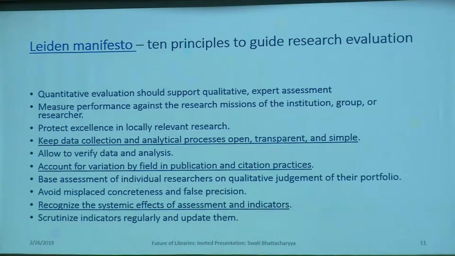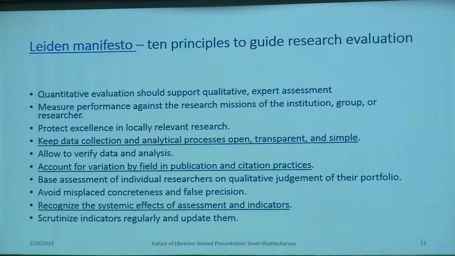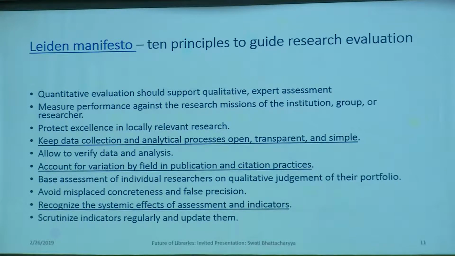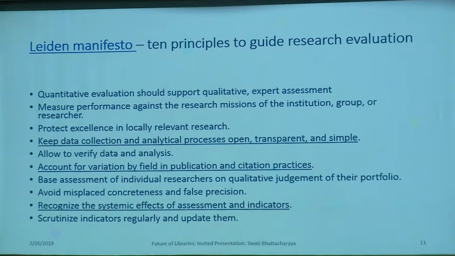And the Leiden Manifesto came in 2015. They are almost the same, but look at the underlined three lines. They said it is not only the research output, but keep data collection and analytical processes open, transparent and simple. And also account for the variation in the field of publication, the way science papers are cited, while social science papers or history papers may not be cited.